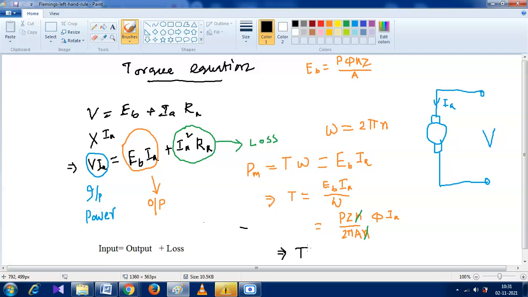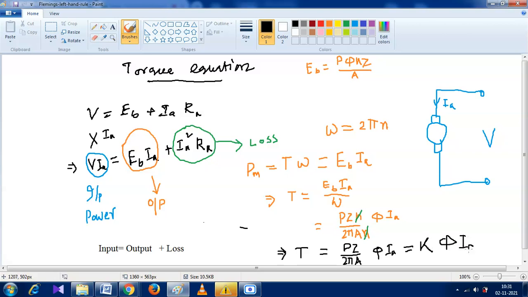T is equal to P Z by 2 pi A into phi into Ia, which is equal to K phi Ia, you can say.